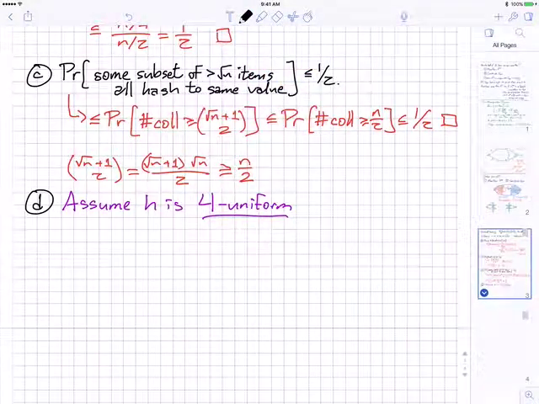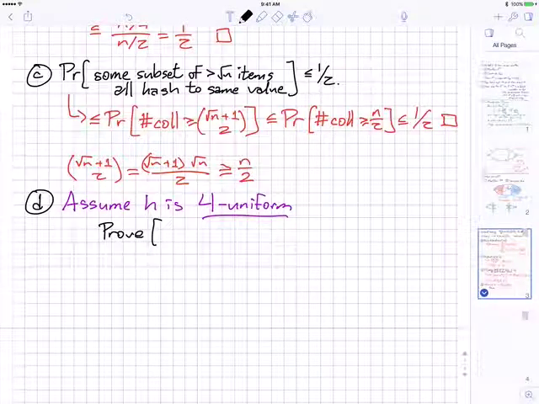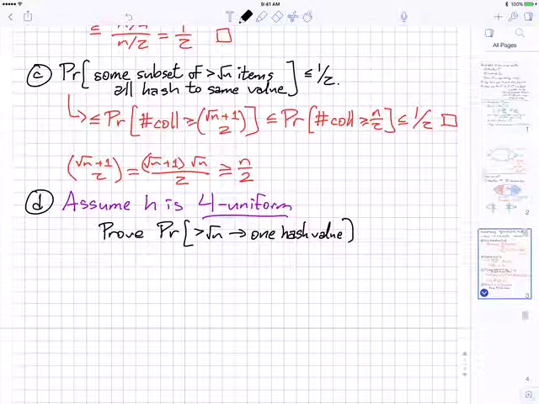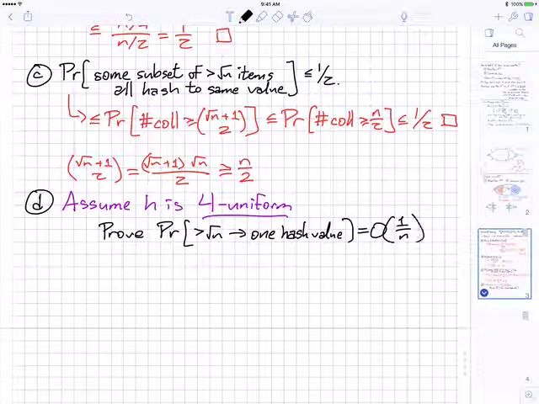Then what you want is to prove that the probability that there's some subset of size square root of n that hashes into 1 hash value is big O of 1 over n. Okay.